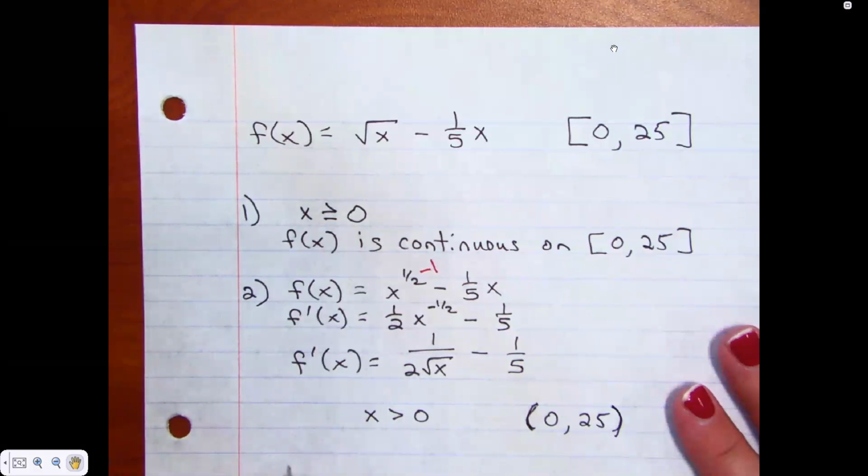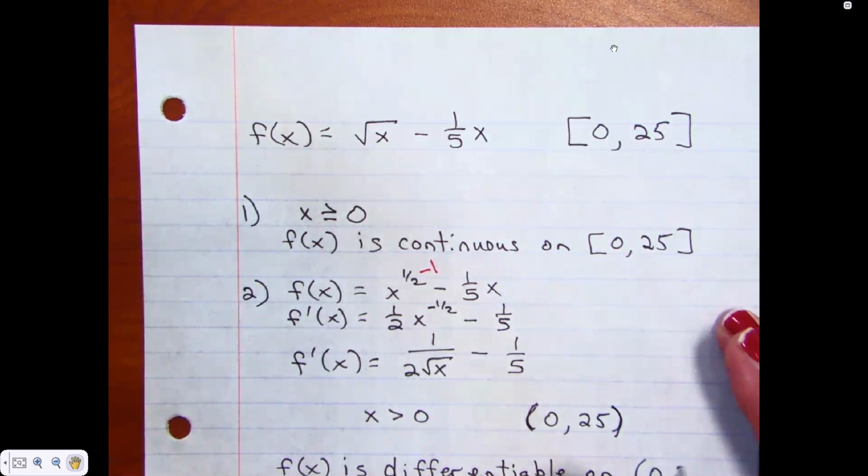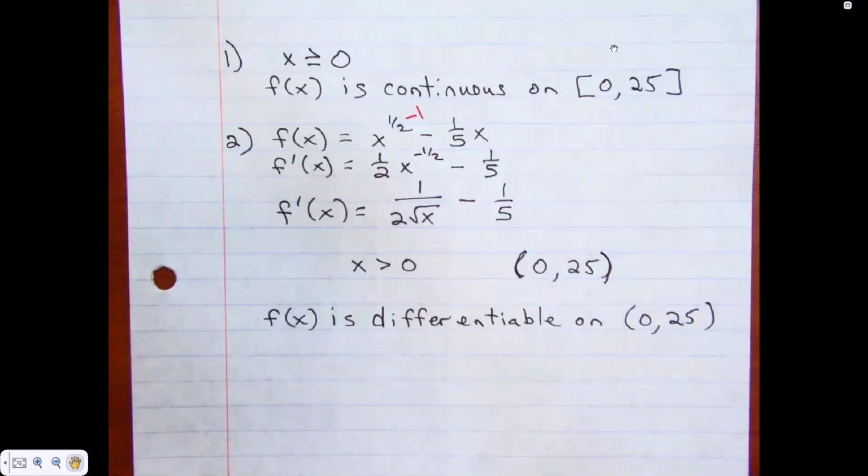So it's not differentiable at 0, but we're okay. That means that f of x is differentiable on the open interval. You can't see any of this, can you? How about this? Could you see that x has to be greater than 0? 0 is a problem.